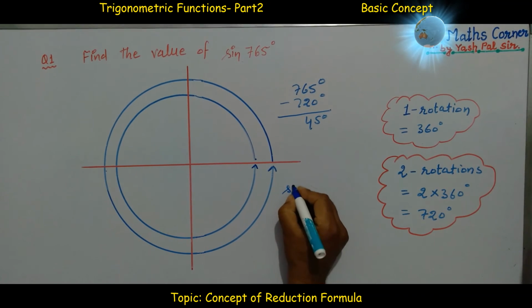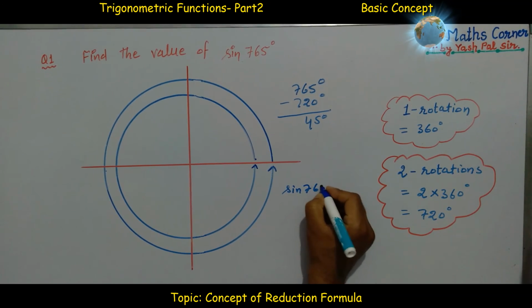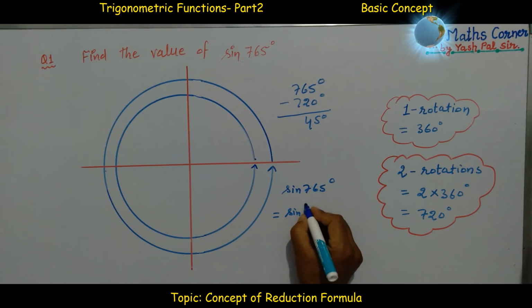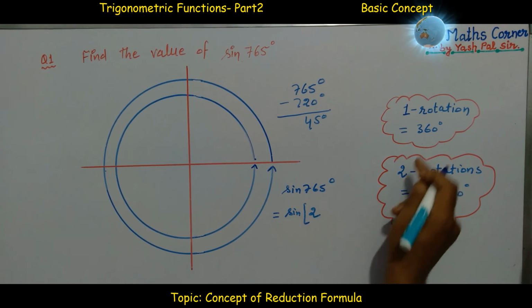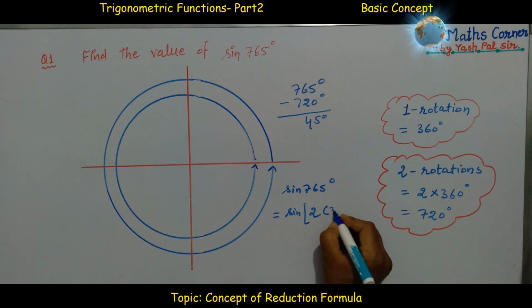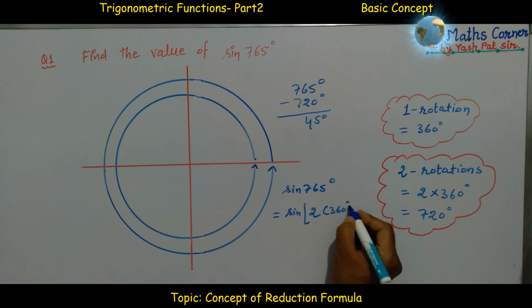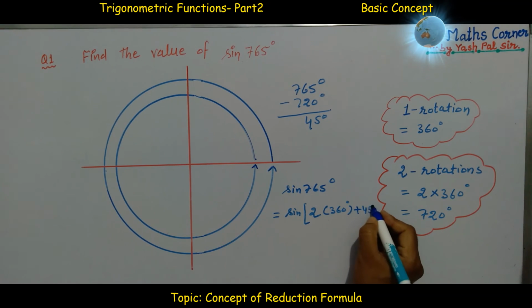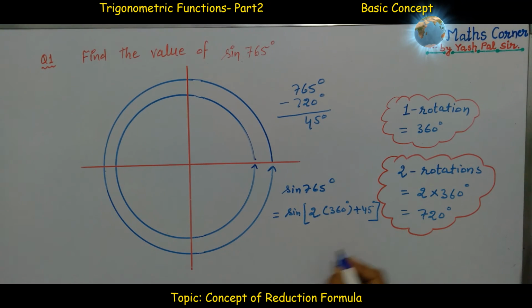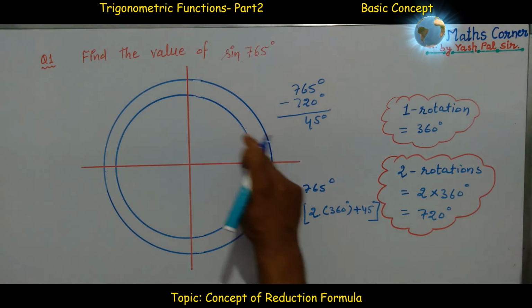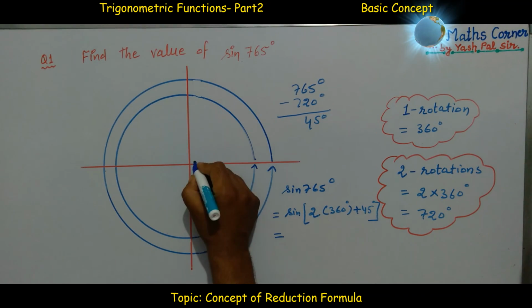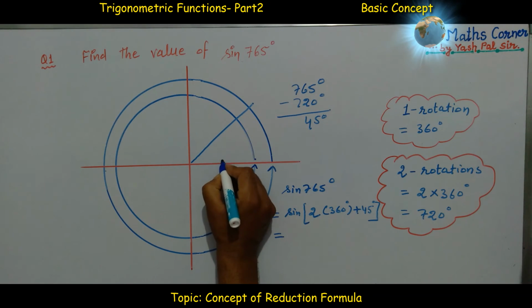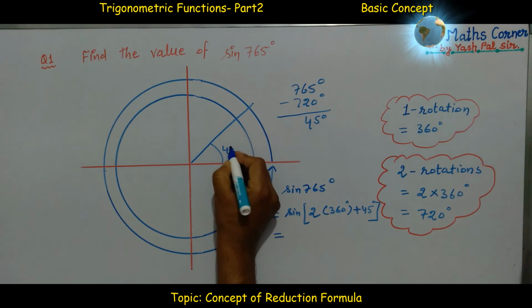So what we can say here: sine of 765 degree is equal to sine of two rotations, 2 into 360 degree, plus 45 degree. That is, we are in the first quadrant, somewhere here, the angle is 45 degree.